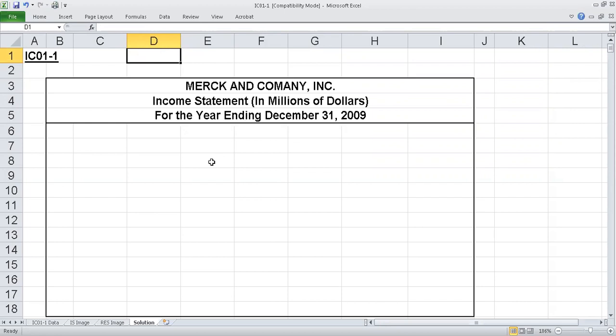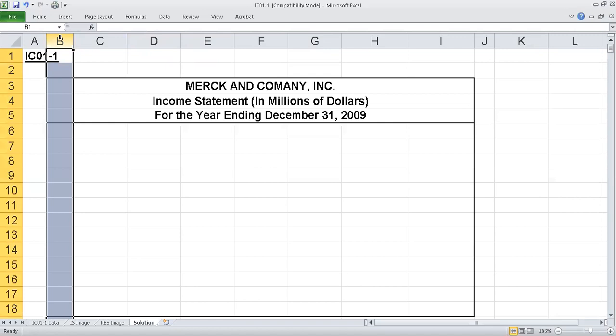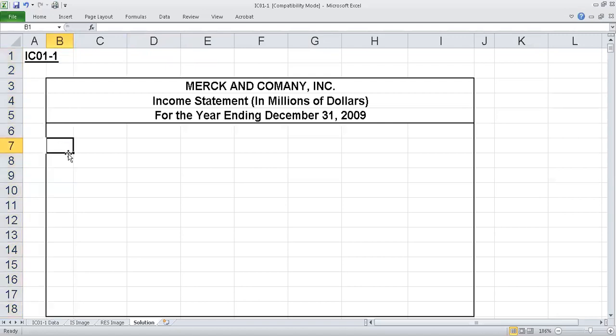Right? So we have 2 classifications on an income statement, revenues and expenses. Revenues are always presented first, and we're going to show the revenue left justified. Right? It's going to be aligned with the left margin of our 2-column worksheet.